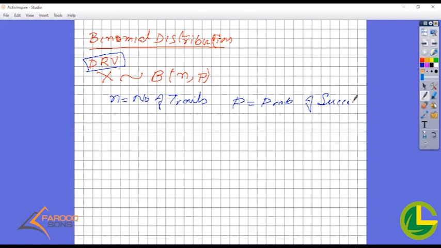You can see on my slide, there are two assumptions about n. We can say the number of trials is fixed, the number of trials is known. You can say n is known, or trials are fixed.